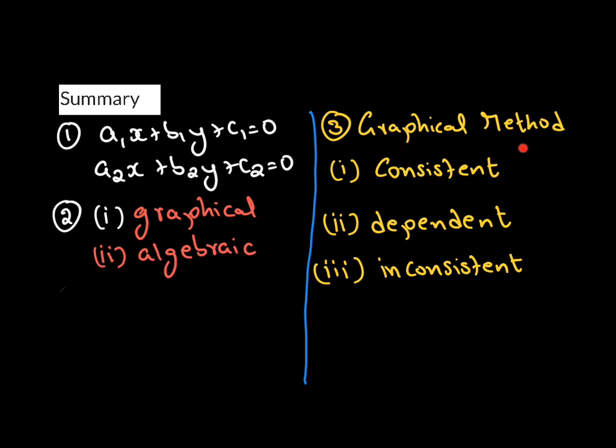In the graphical method, if two lines intersect at a point, we say that the solution is consistent. If the two lines overlap each other, we say that the solutions are dependent. And if the lines are parallel, we say that the solution is inconsistent. So this was all about the pair of linear equations in two variables.